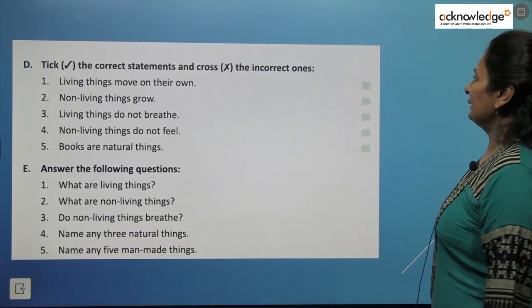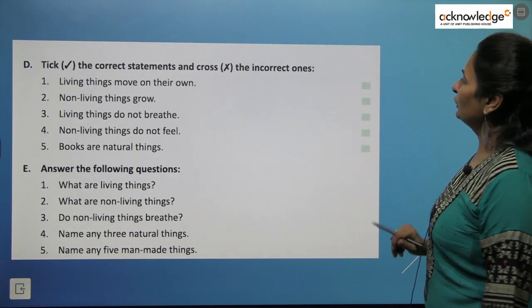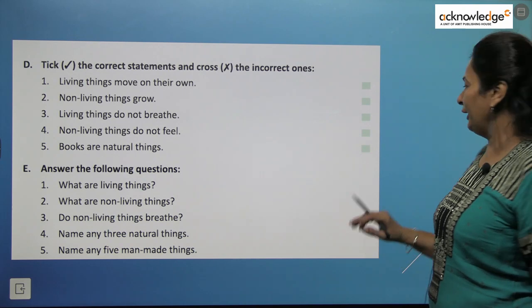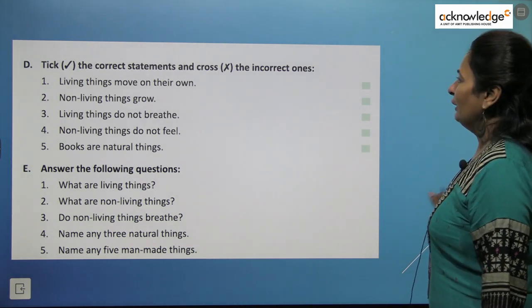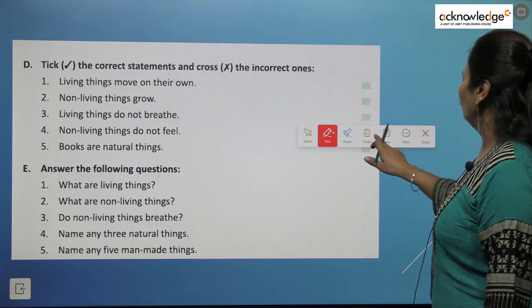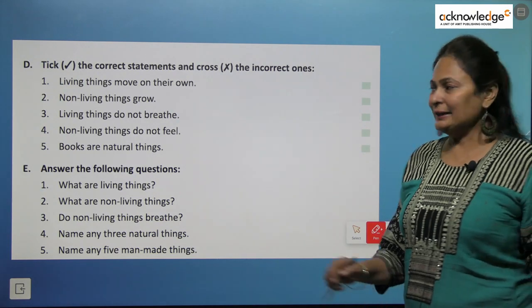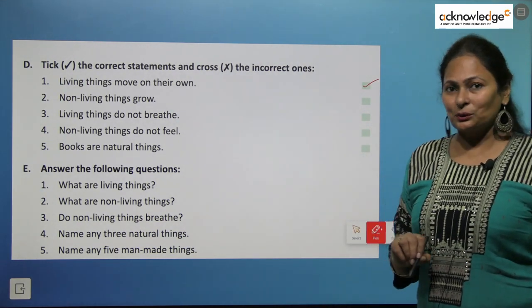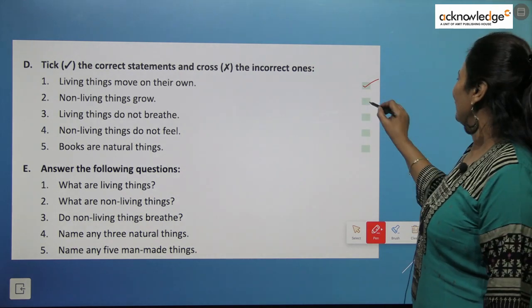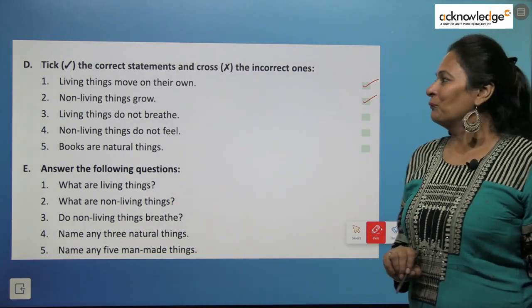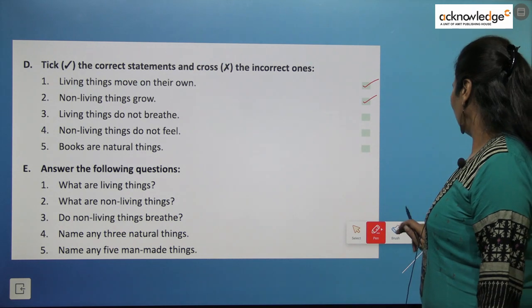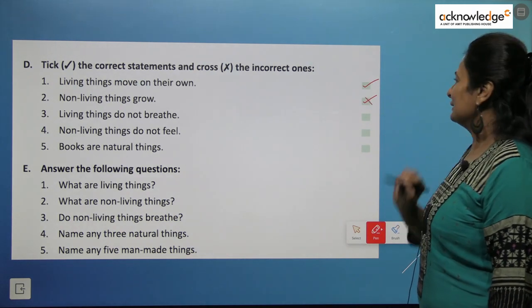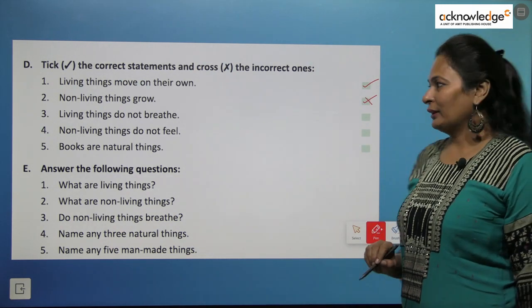Next question is take the correct sentences and cross the incorrect ones. First is living things move on their own. Yes, this is the correct statement. Non-living things grow. No, they don't grow. We will cross this. This is the non-living thing.